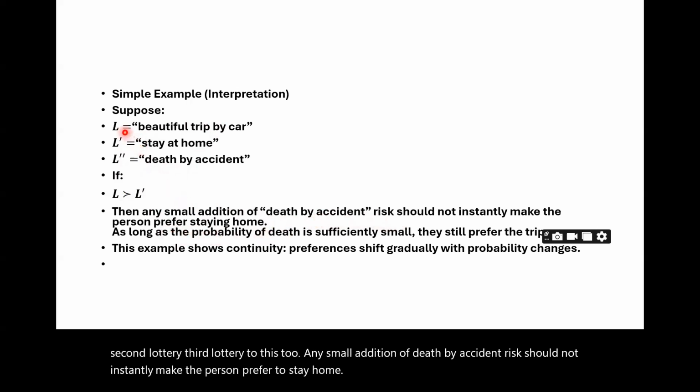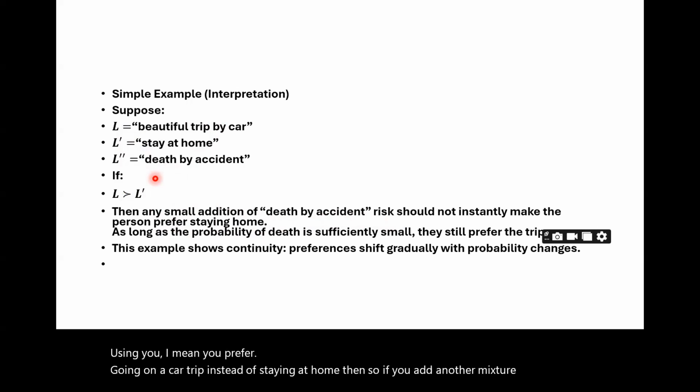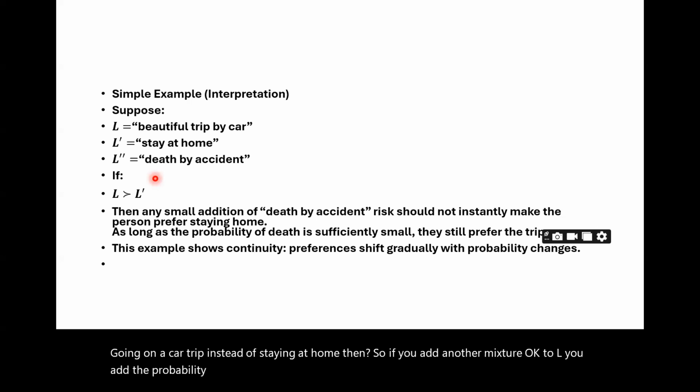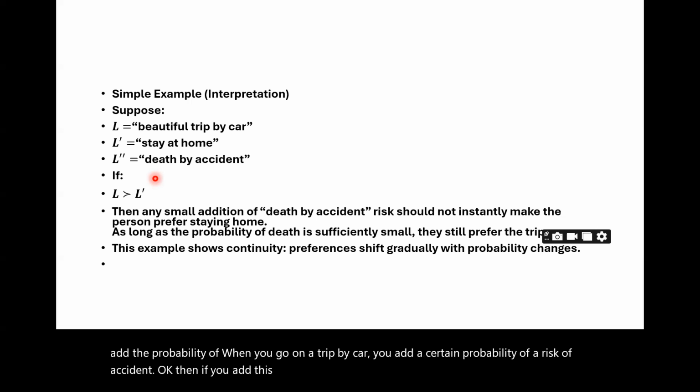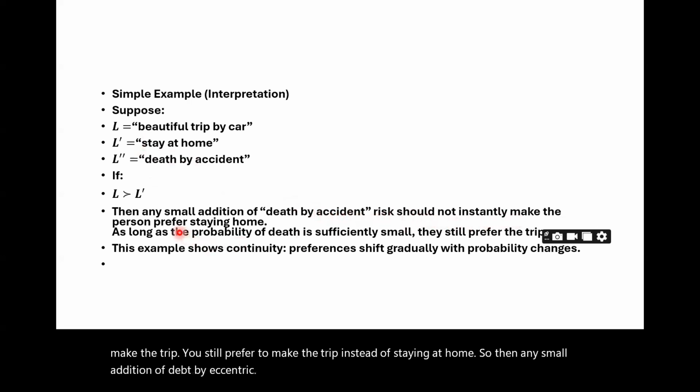Suppose you prefer going on a car trip instead of staying at home. Then you add a certain probability of a risk of accident to the trip by car. Even with this little risk of death by accident, you still prefer to make the trip instead of staying at home.